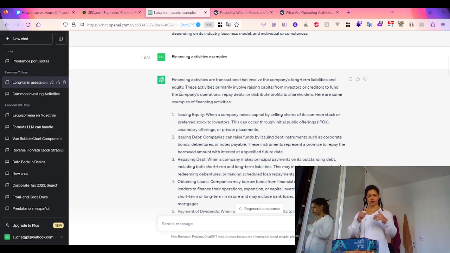Meaning, when we talk about transactions, it is the exchange of these long-term obligations and equity, this piece of ownership. It is the exchange of long-term obligations with ownership.